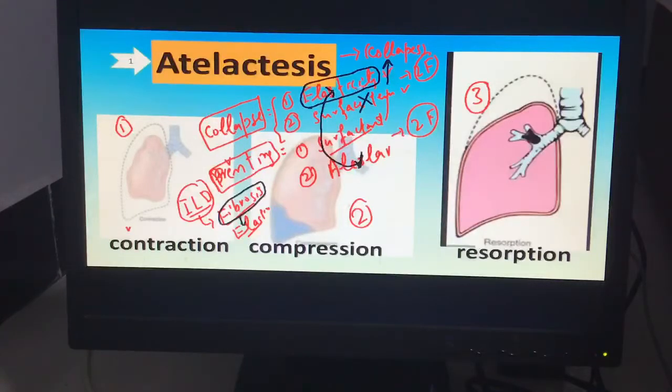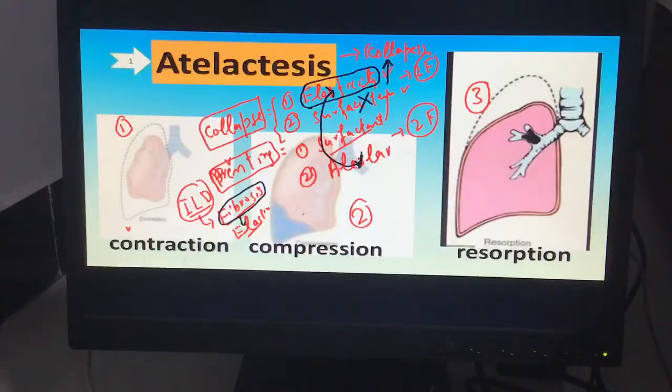If it increases too much, it can overcome the alveolar air, and even surfactant is not able to help keep the alveoli open. So in interstitial lung disorder, the increase in elasticity leads to collapse of the lung. This is the main concept behind it.